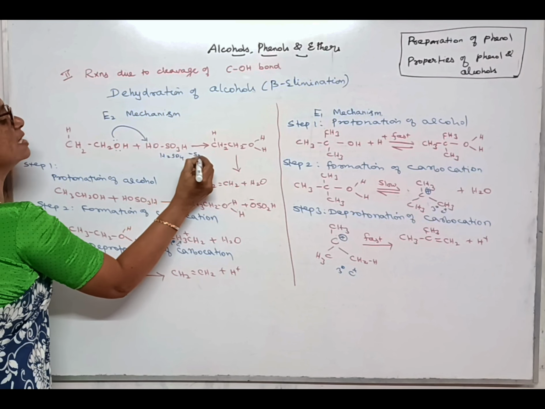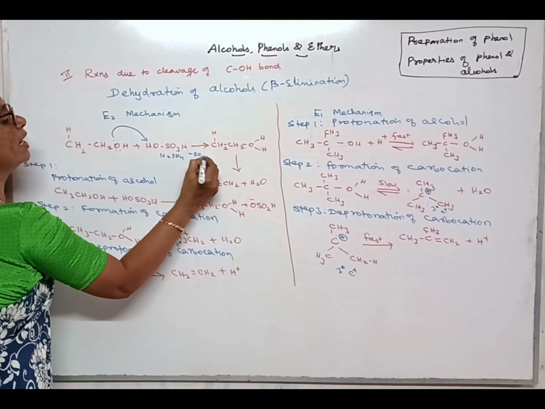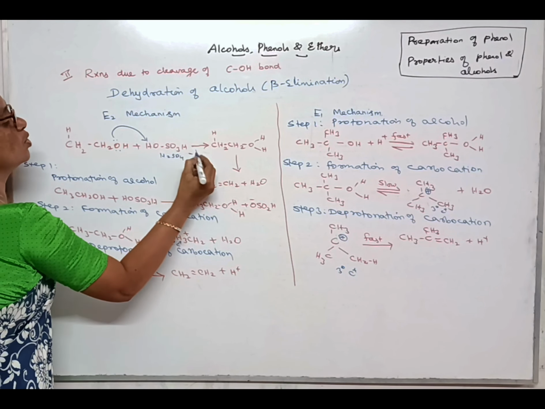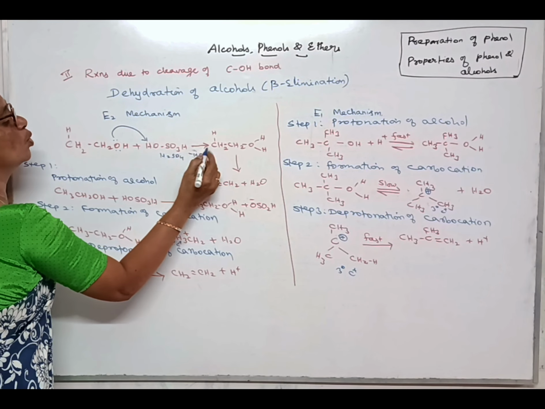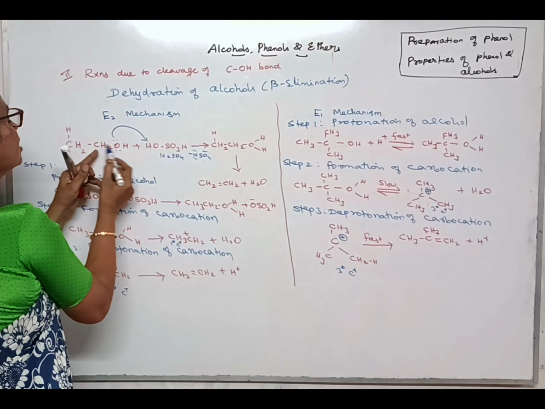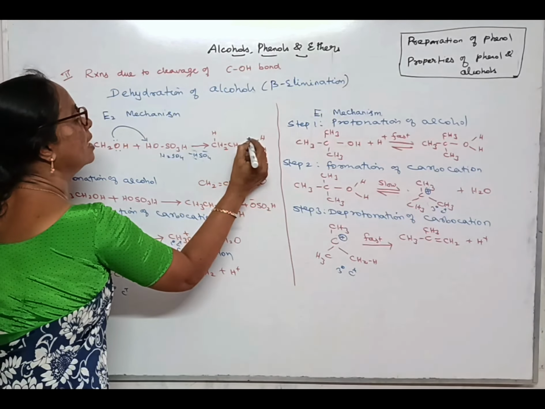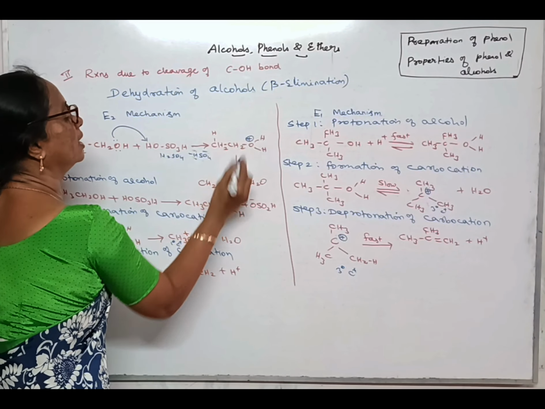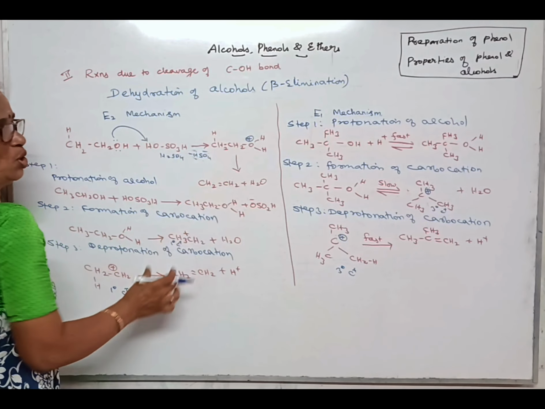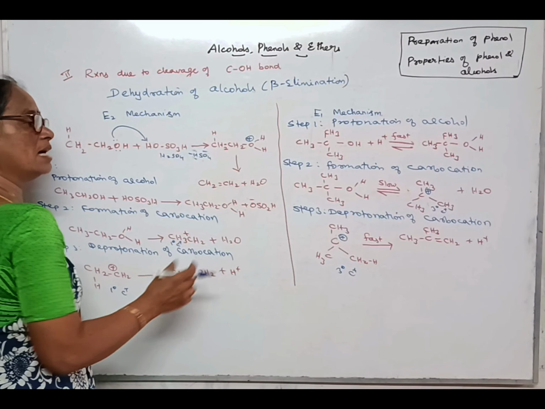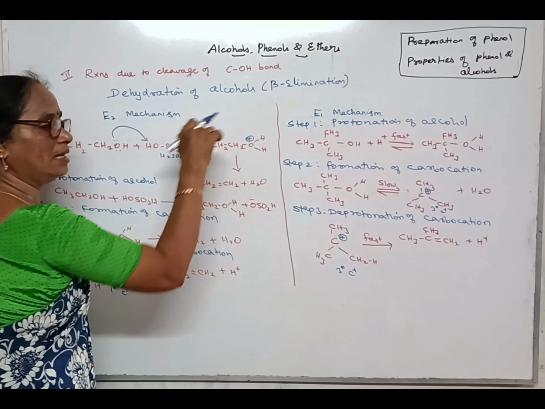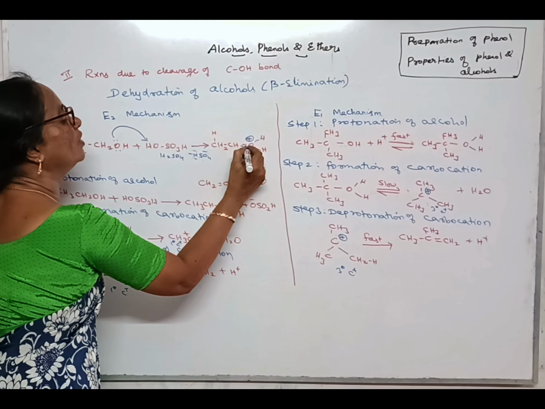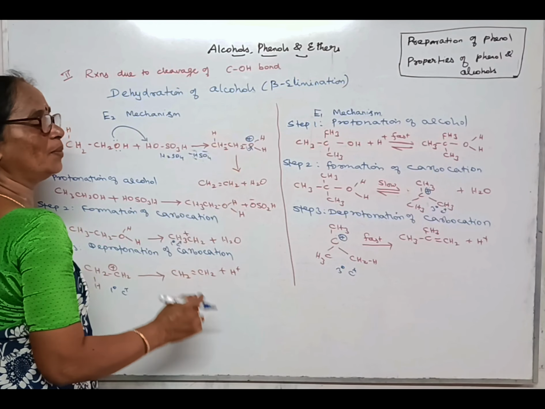So minus SO3, SO4, H will be removed. So we can write minus HSO4. Here CH2OH with the hydrogen forms the protonated alcohol. This protonated alcohol is highly unstable because the oxygen carries the positive charge, so it withdraws the electrons from carbon.